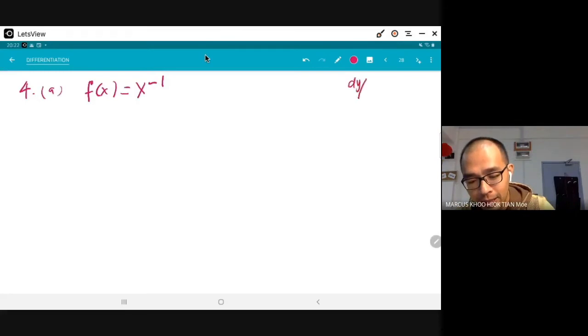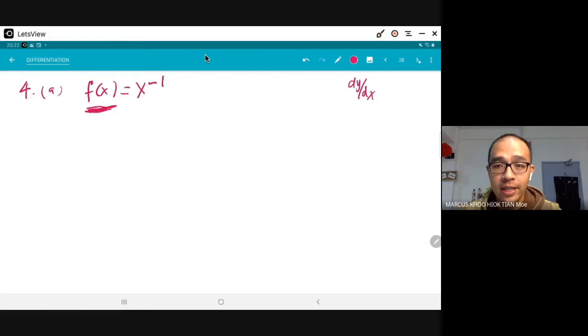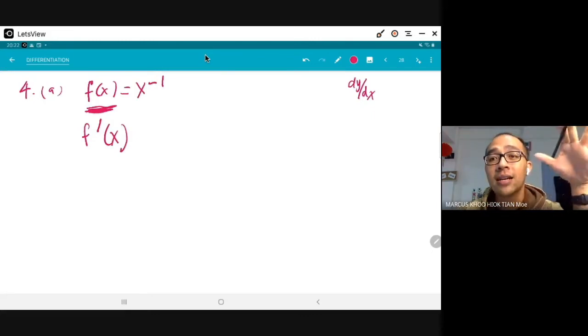But if the function is in fx, the first derivative is known as f prime x. It's the same thing, dy dx lah. Just cara menulis yang berlainan.